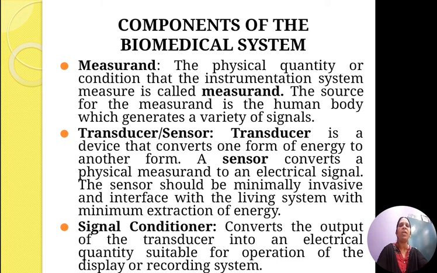Examples are body surface potentials or blood pressure in the heart. All these are the biosignals that are being generated. So the human body acts as a source of the physical quantity which you are going to measure.